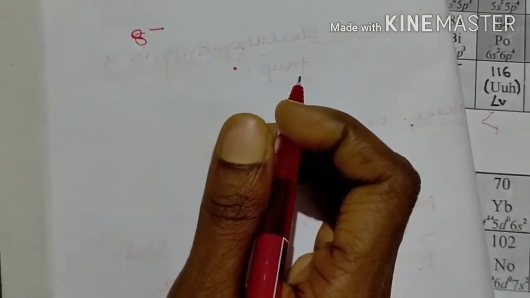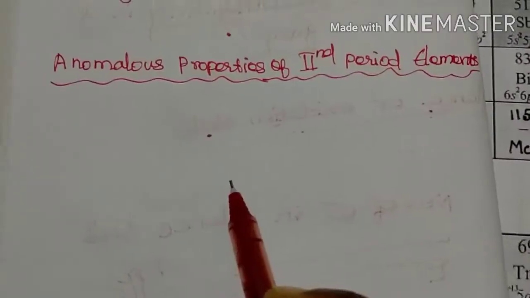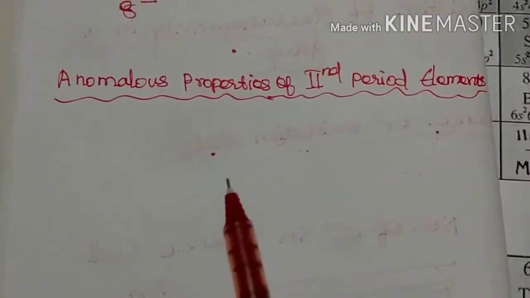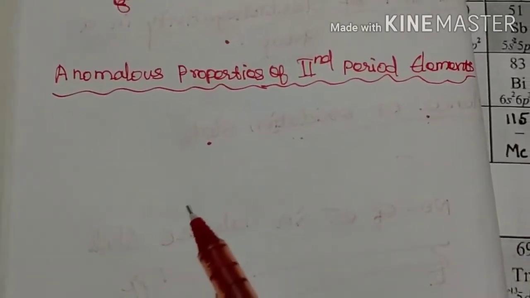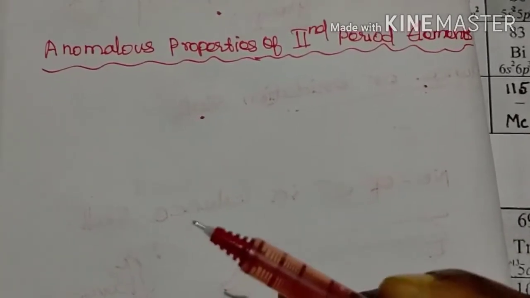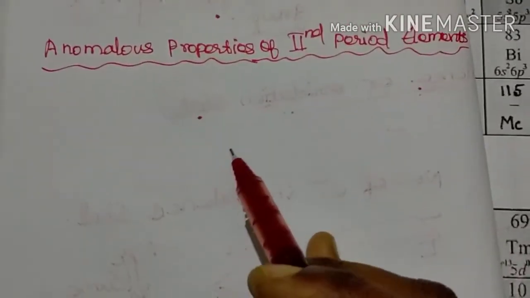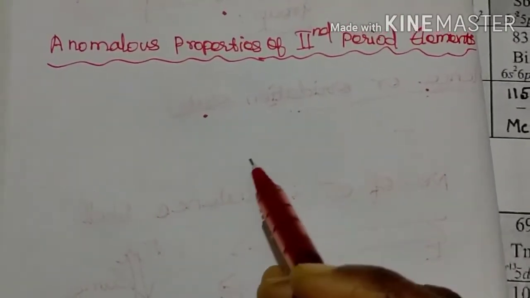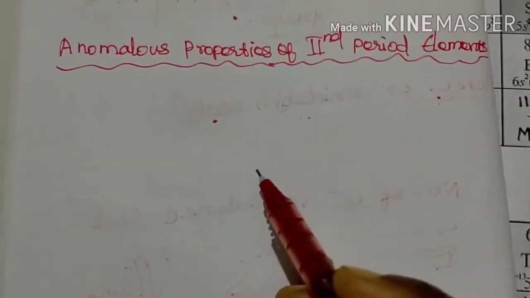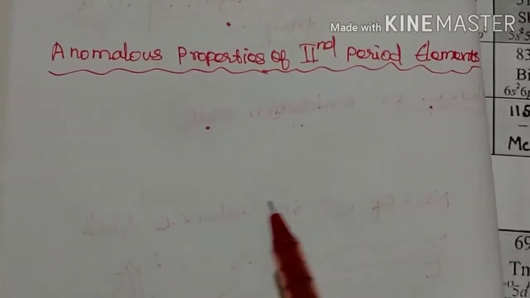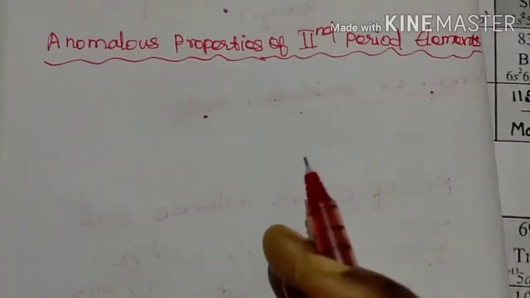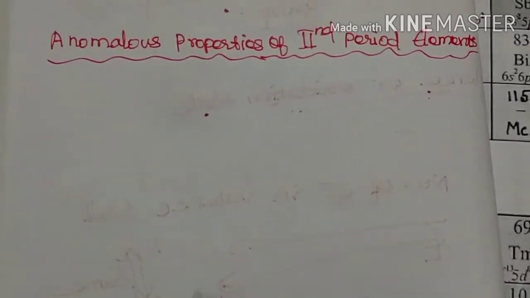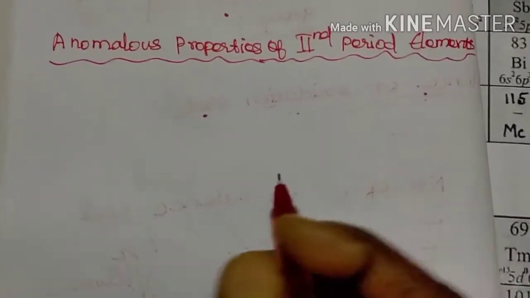The next topic is anomalous properties of second period elements. The general character in groups is that the physical and chemical properties are similar in the same group, but the first element of each group is different from the other elements of the same group.